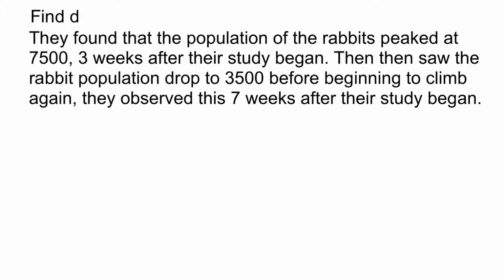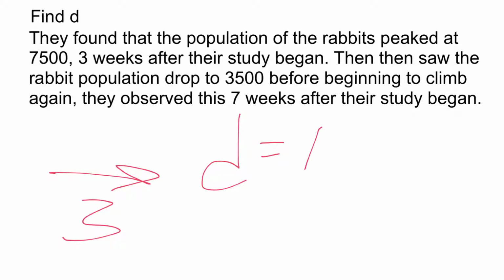Normally, a cos function starts at 0, but this one started at 3 weeks. You understand how we got the d value? So we've shifted to the right by 3, making our d value plus 3.